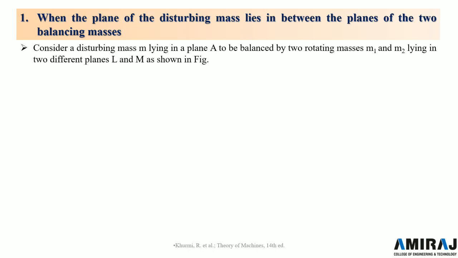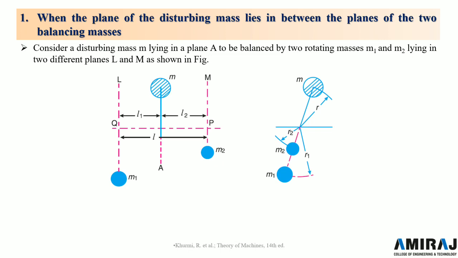Consider a disturbing mass m lying in a plane A to be balanced by two rotating masses m1 and m2 lying in two different planes, capital L and capital M, as shown in the figure here. This is our disturbing mass small m, and here are two balancing masses m1 and m2 in different planes L and M, rotating and mounted on the same shaft PQ.